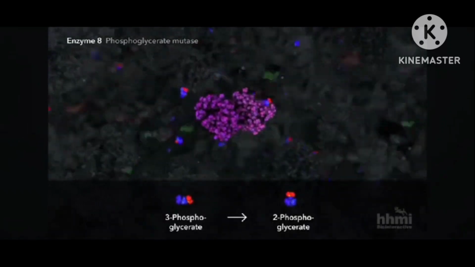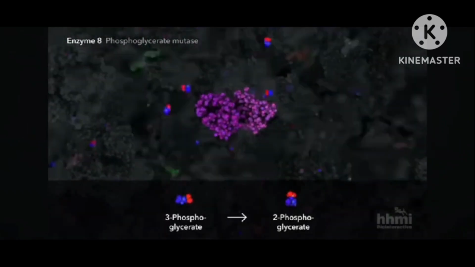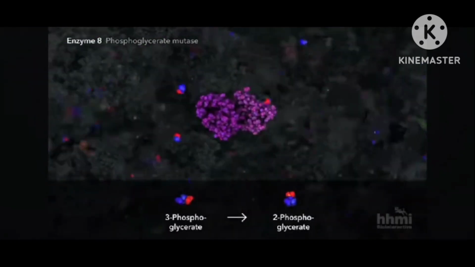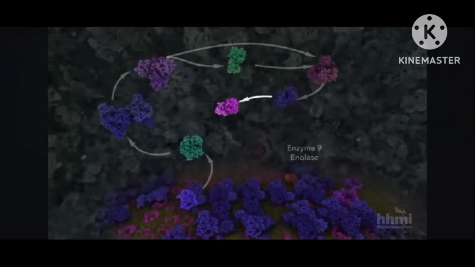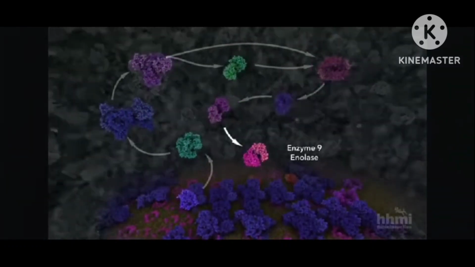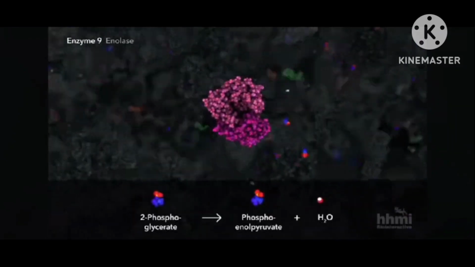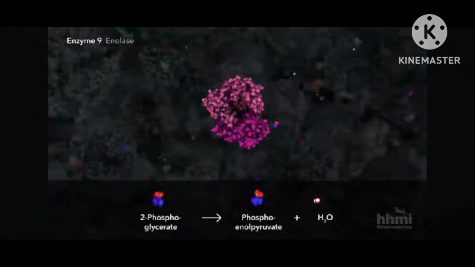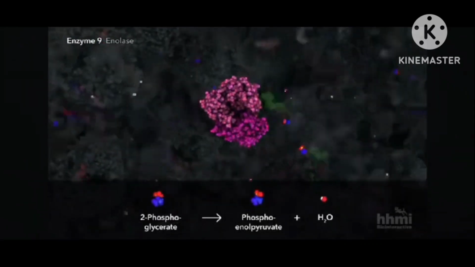The 8th enzyme rearranges the phosphate from the end of the molecule to the middle. The 9th enzyme catalyzes dehydration, increasing the potential energy in preparation for the final glycolysis reaction.